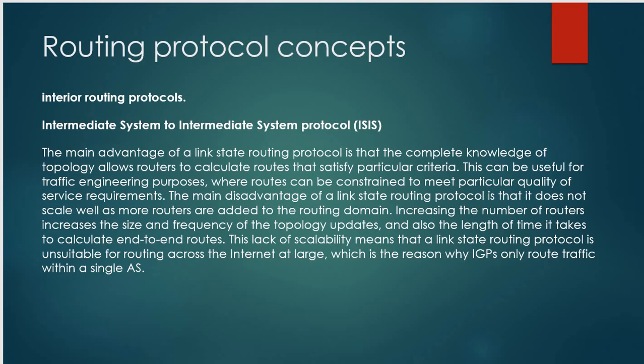This lack of scalability means that a link state routing protocol is unsuitable for routing across the internet at large, which is the reason why an IGP only routes traffic within a single AS.